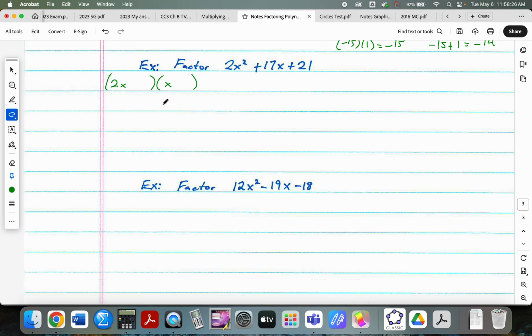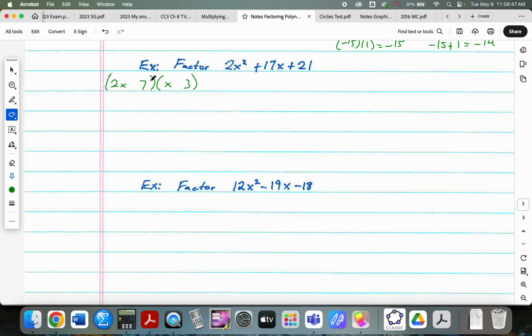But then when I multiply it out, it's not that those two numbers add together to be 17. It's when I multiply them out, will they add together to be 17x. So let's say that I put 7 here and 3 here. Don't write it down yet. We're just going to look.